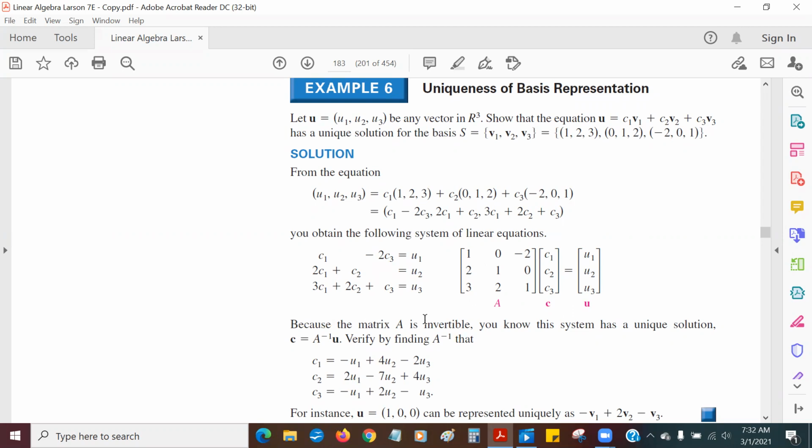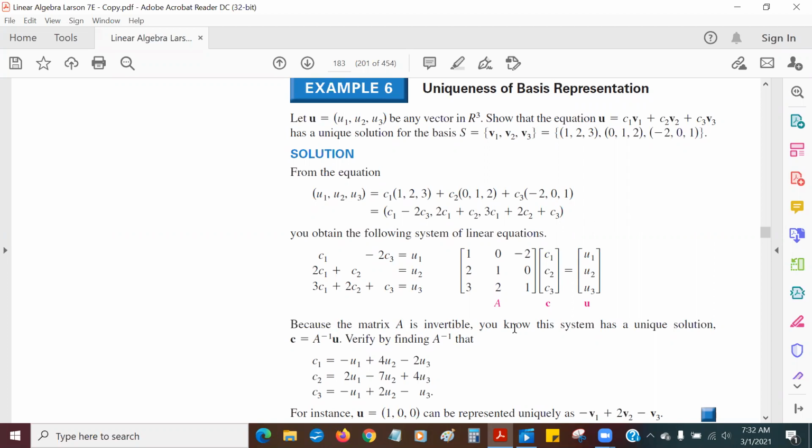Since matrix A we know is invertible, because we've worked with this particular matrix many times. And by the way, if you're not sure it's invertible, you could always take the determinant and see it won't be 0.